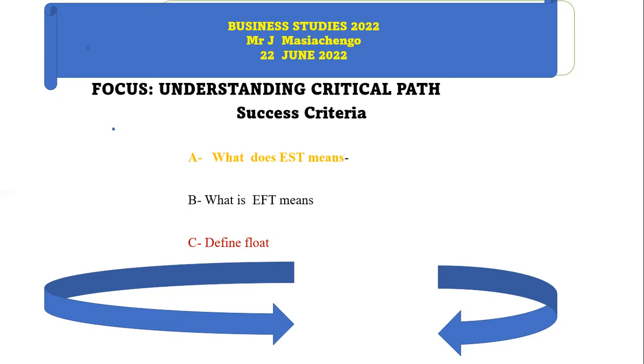So when we're doing critical path, we have a tool that we call the critical path analysis. Critical path analysis is a planning technique that identifies all the tasks in a project.